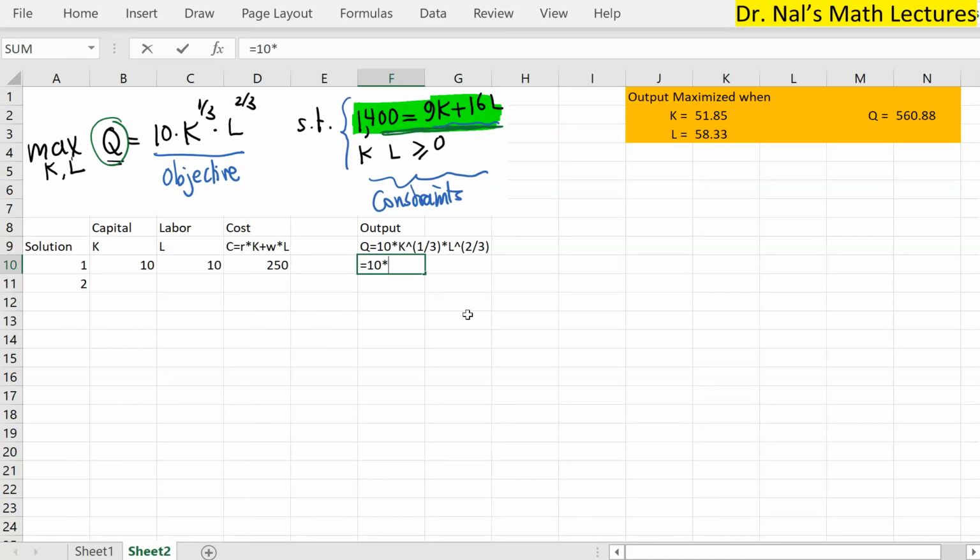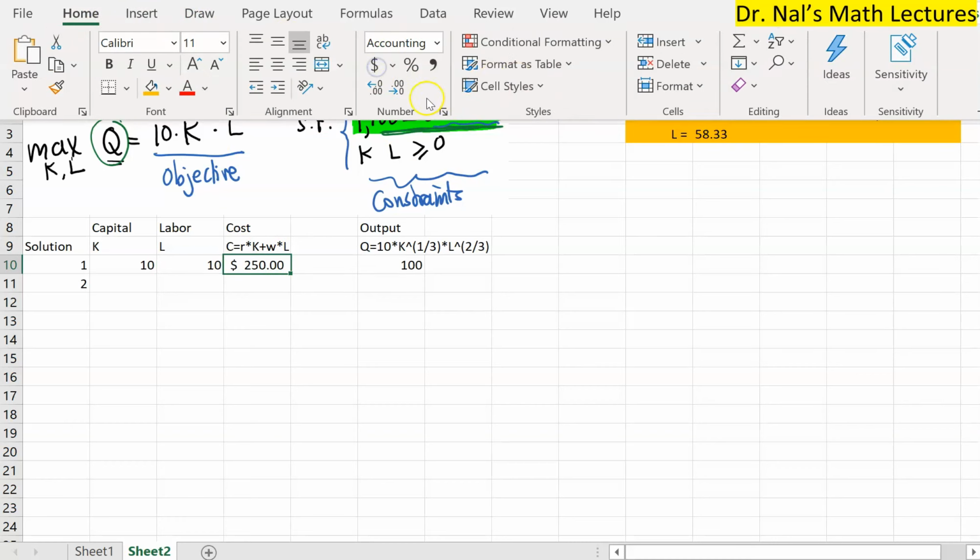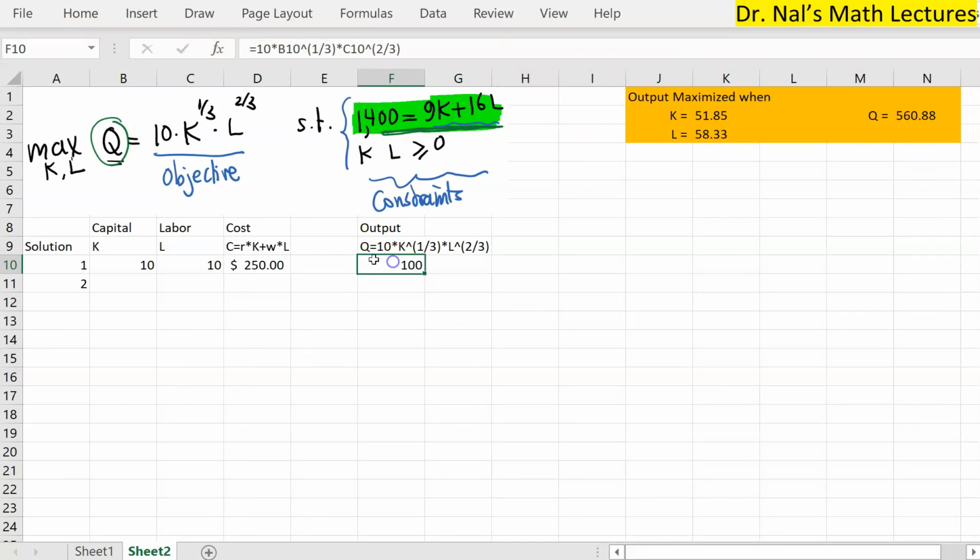Let's check: 10 times capital raised to the 1/3 power times labor raised to the 2/3 power. Using 10 units of capital and 10 units of labor costs the company $250, and as a result, 100 units of output is produced.